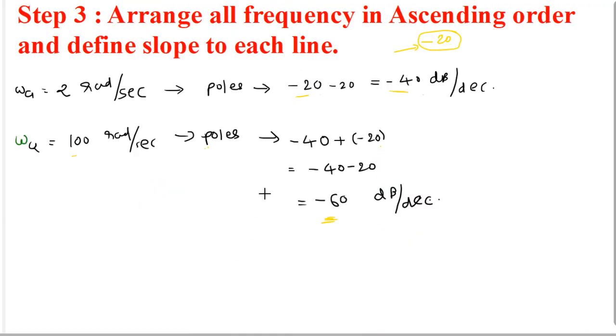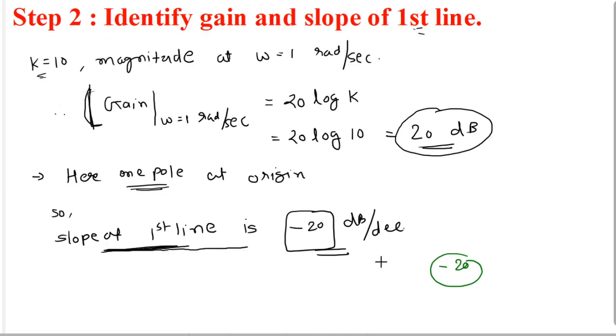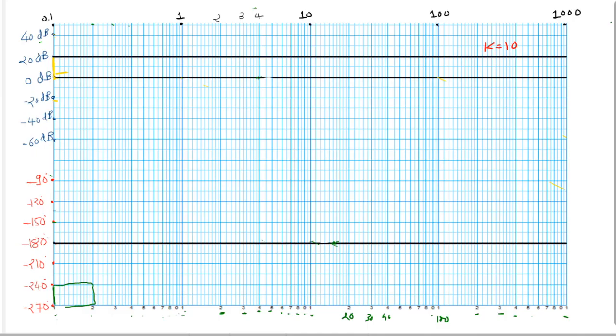Now you can see here at corner frequency omega c1, 2 radian per second, the slope is minus 40 decibel per decade. So our first slope line is minus 20 decibel per decade, from 0.1 to 2 radian per second. I am first drawing minus 20 decibel per decade from this 20 decibel for k equal to 10. We know that from here to here that is minus 20.